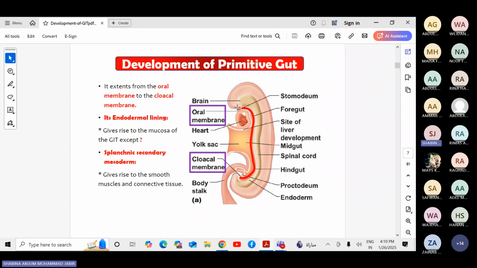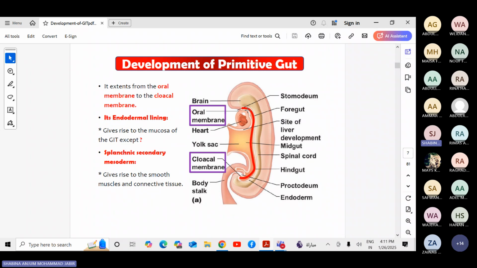So now this whole GIT, its mucosa, will be developed from the endodermal lining. So now we know three germ layers: endoderm, ectoderm, and mesoderm. So the mucosal lining, we know the mucosa, you have studied the histology. So in that, the mucosal lining will be formed by the endoderm.